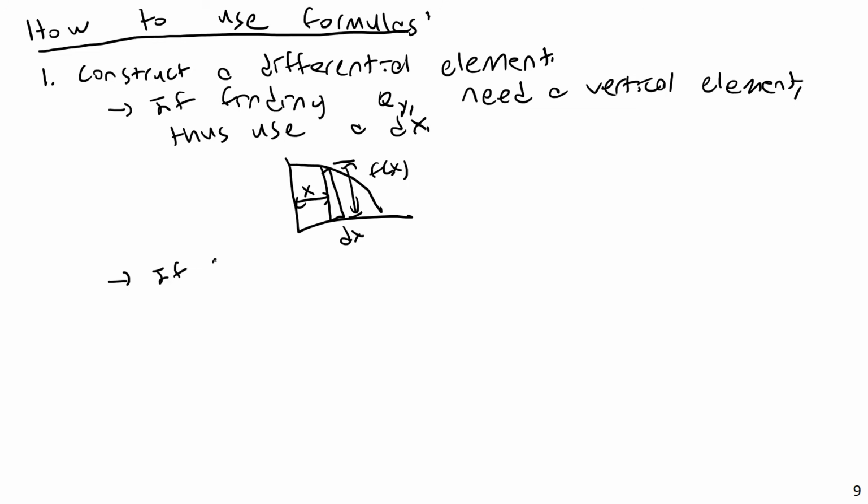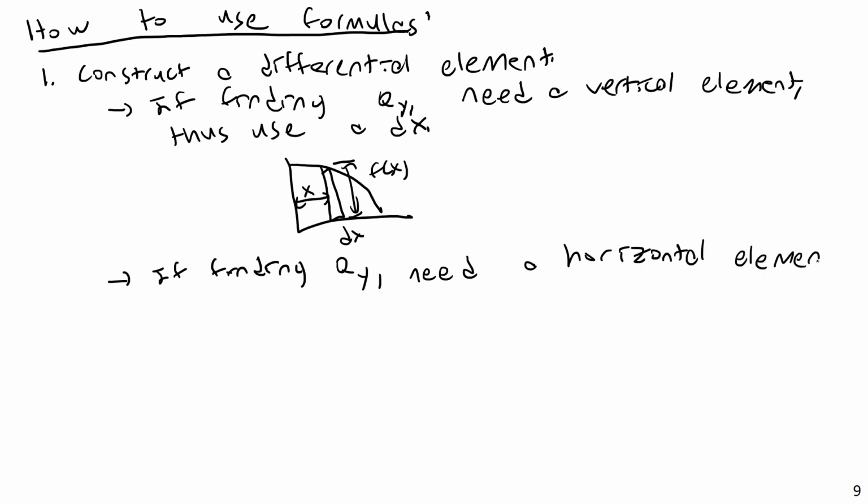If finding qx, the first moment of area with respect to the x-axis, you need a horizontal element. And this horizontal element would be something like this. So you'd have your function, and you'd have your differential element here.